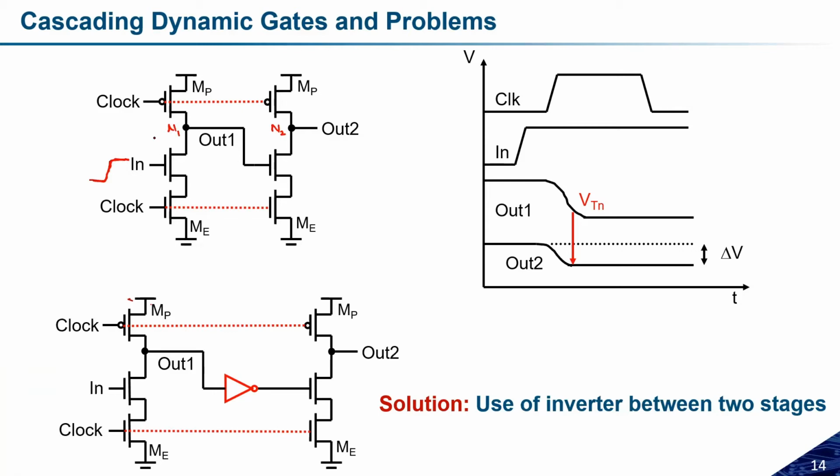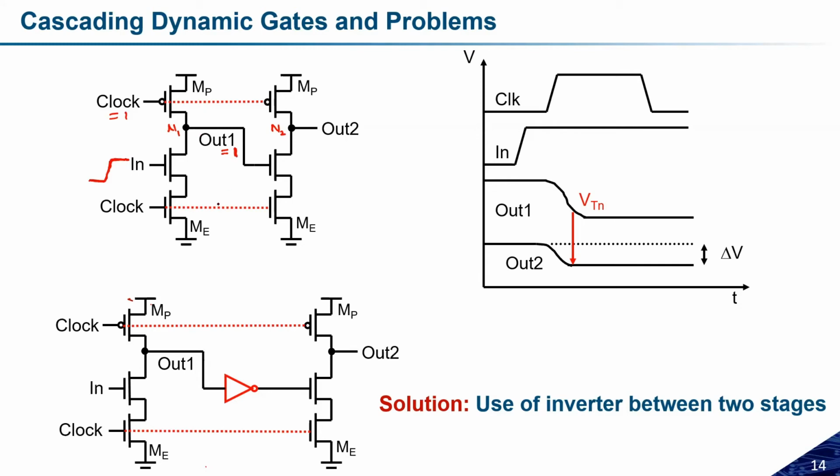Okay, now during evaluation phase, if clock is equal to 1, and because both the dynamic logics are controlled with the same clock pulse, this clock is 1, this clock is also 1.